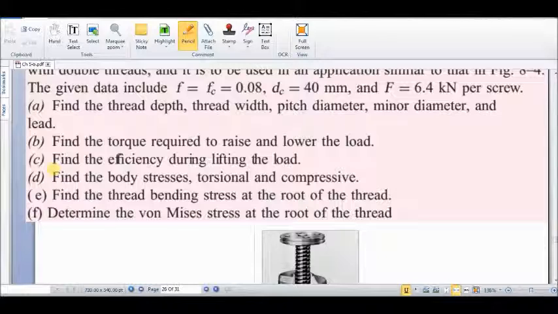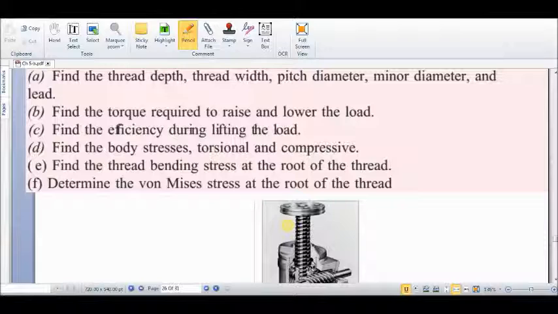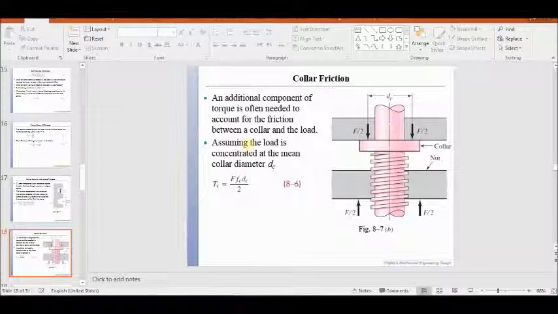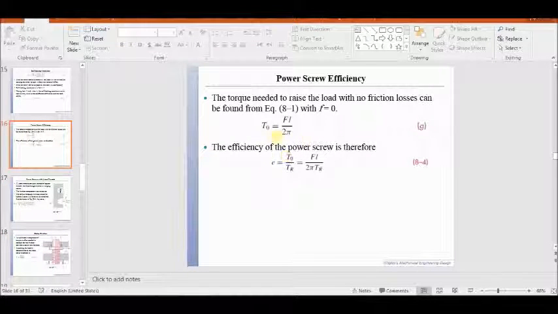In part C, we have to find the efficiency during lifting the load. The equation for finding the efficiency uses the torque that we need to raise the load without friction. That means in the case that the coefficient of friction between the thread and nut is 0, we have maximum efficiency, or 100%.